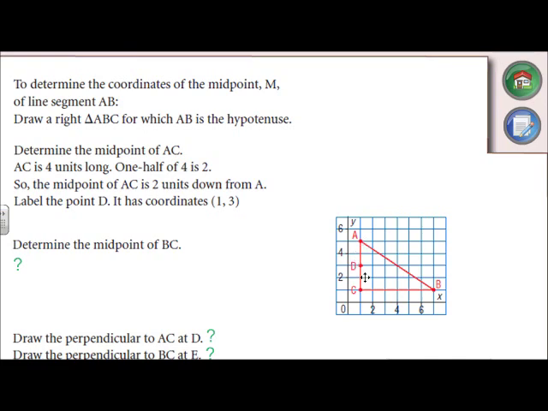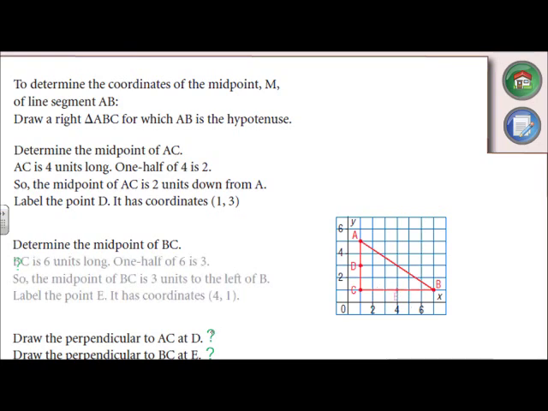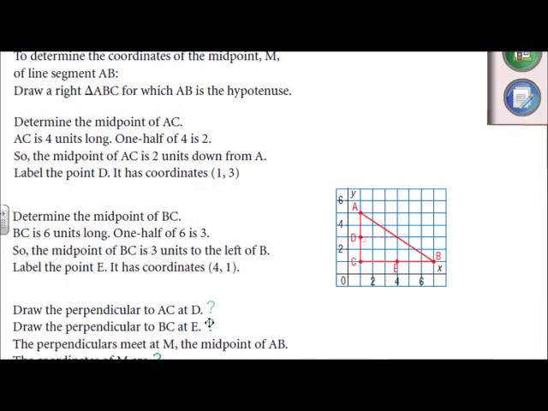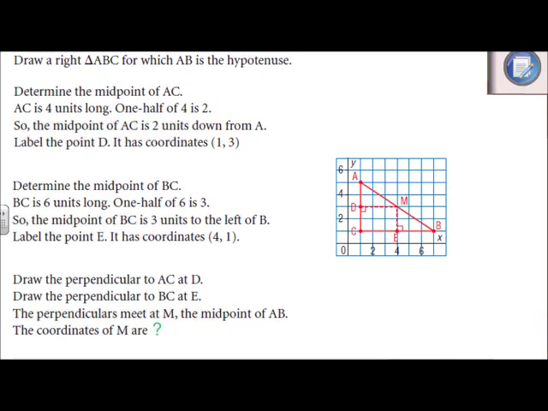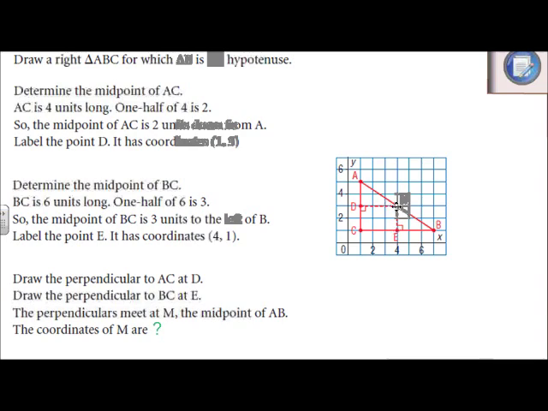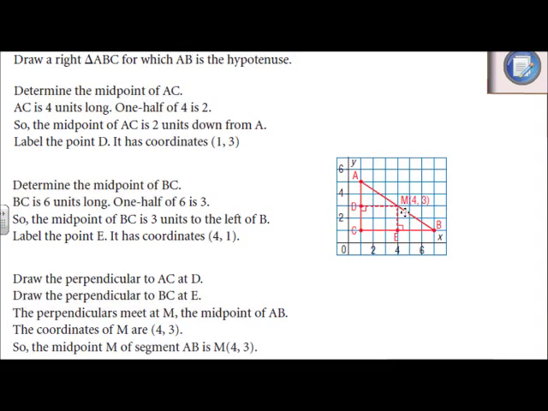Making that line the hypotenuse, and then finding the midpoint of the vertical, and we'll also find the midpoint of the horizontal, and look at where those two intersect each other. Right there is going to be our midpoint, and we can then see that the coordinates 4, 3 are where the midpoint is.